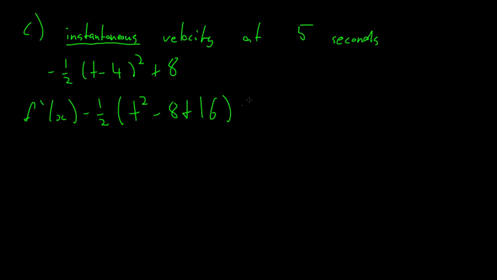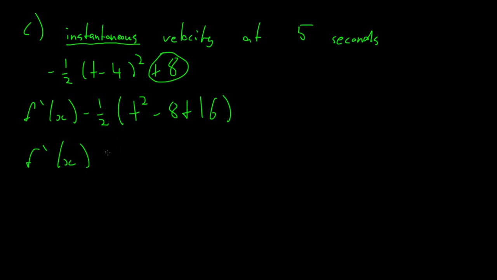So we've got this, and let's just keep on going. We don't really have to worry about this because we know it's not going to make any difference when it comes to calculating the derivative.